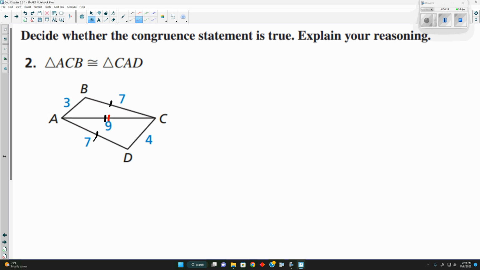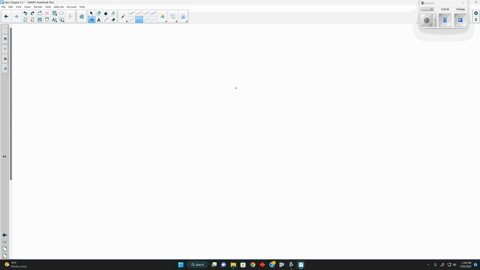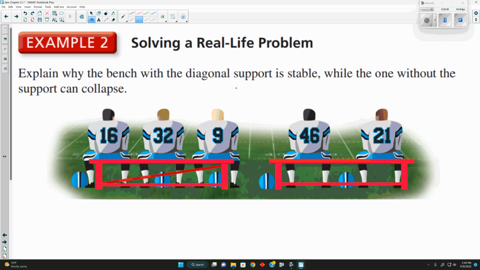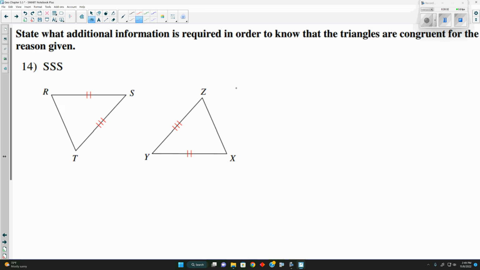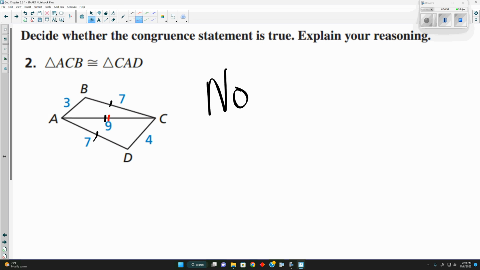So do we even have enough information? No. Not enough information. We jumped several. Okay. So we're here. So no, we don't have enough information. Questions on this here?